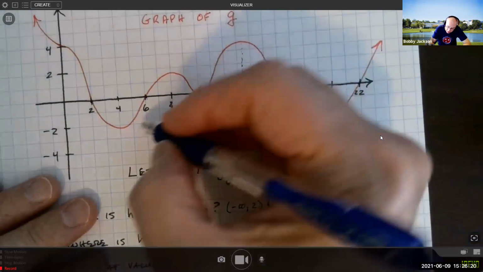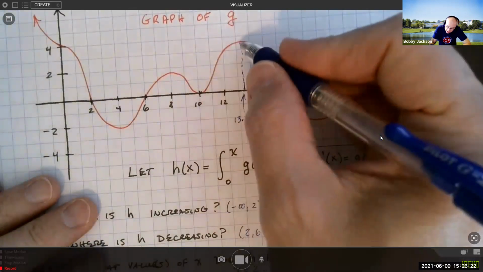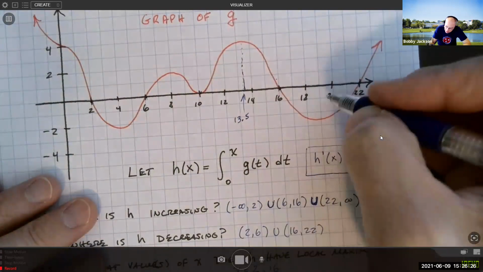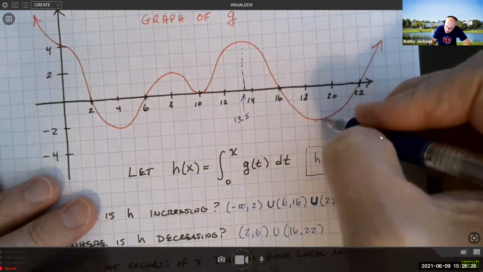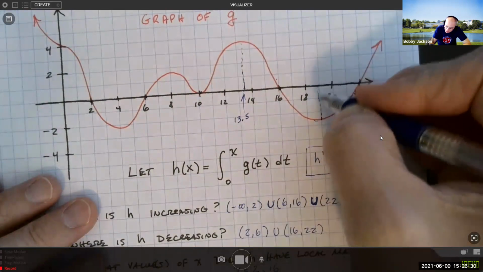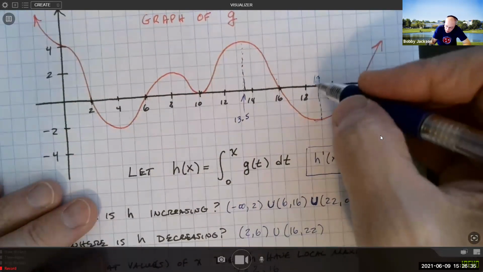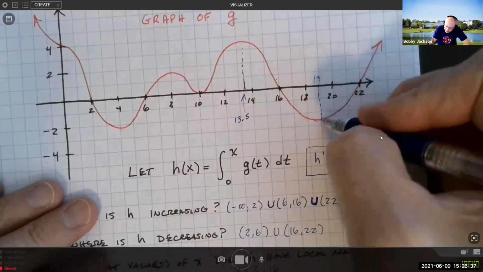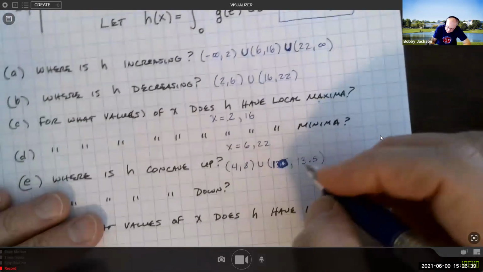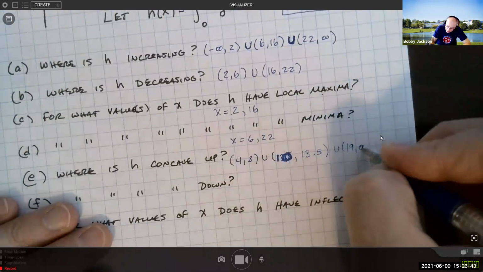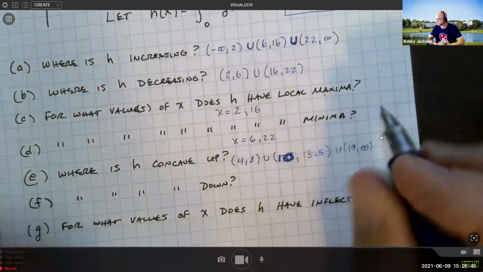So increasing from 4 to 8, from 10 to 13 and a half, and where else are we increasing? It looks like somewhere right around here, where it bottoms out, close to 19, maybe 18.7 or 18.8 or 18.9, I don't know. We'll just say from 19 on. Pen is getting out of ink.